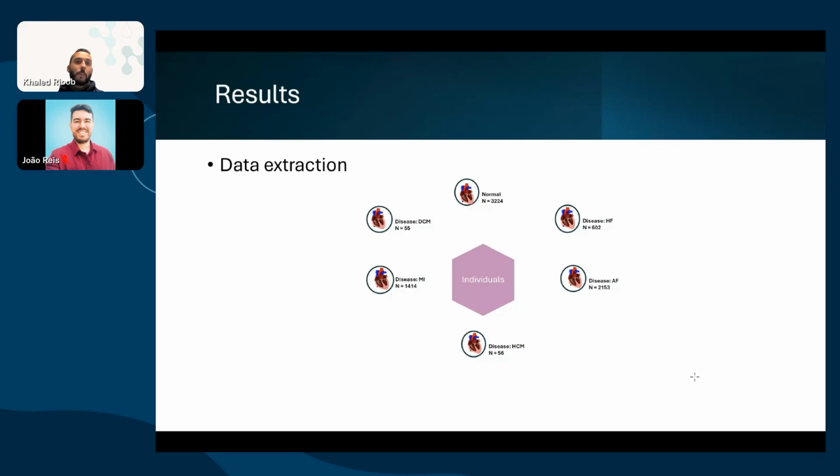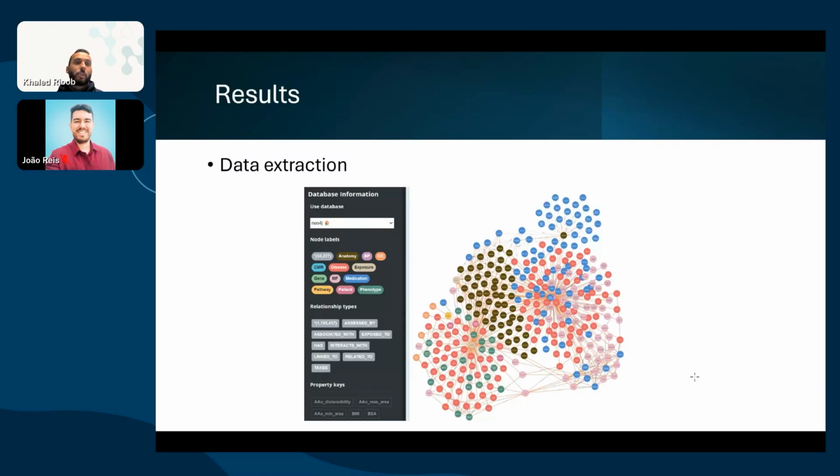A part of them are normal individuals, so they don't have any cardiovascular diseases. In total, we ended up with 33,000 nodes in our knowledge graph and around 1,100,000 relationships between those nodes. I also visualized a subgraph from the whole knowledge graph that we have.